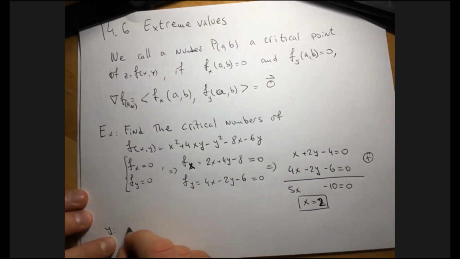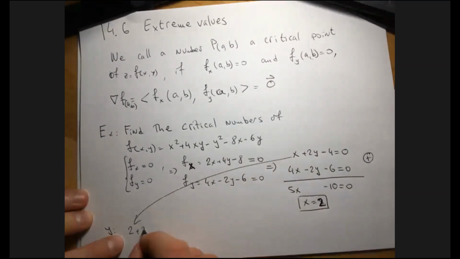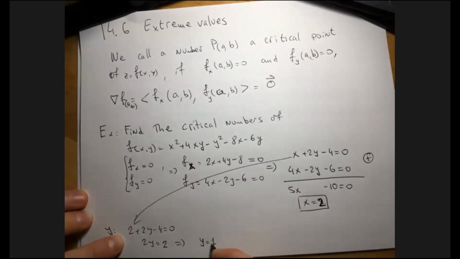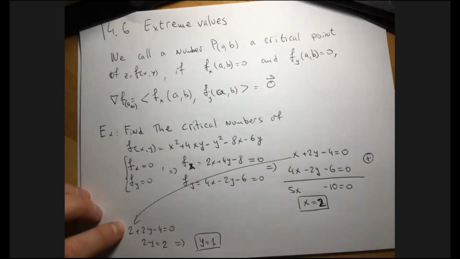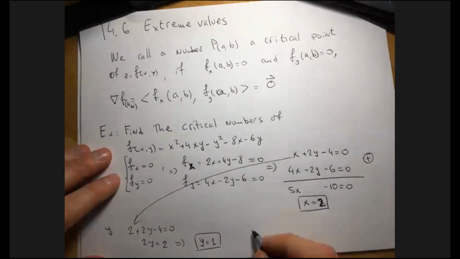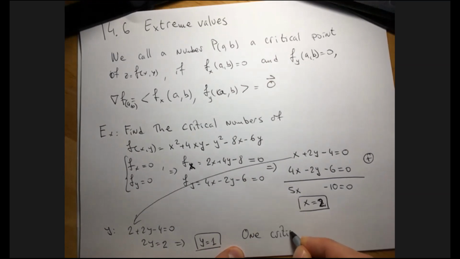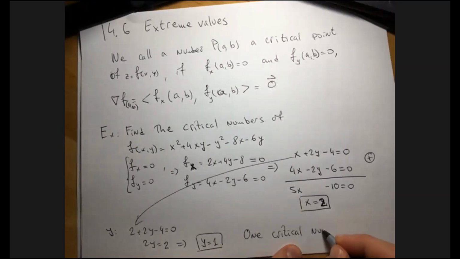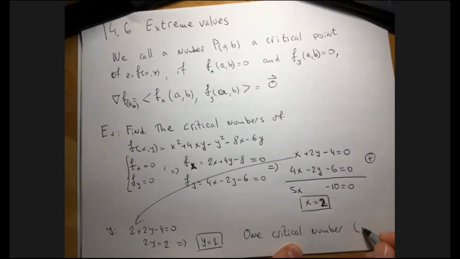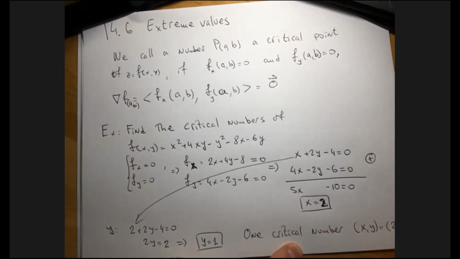So y is going to be, from this equation here, 2 plus 2y minus 4 is equal to 0, 2y is equal to 2, and hence y is equal to 1. So here we have the critical number at the point (2, 1).